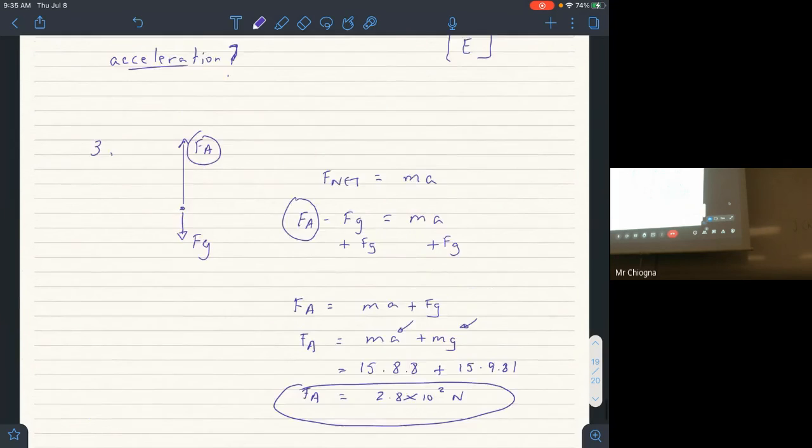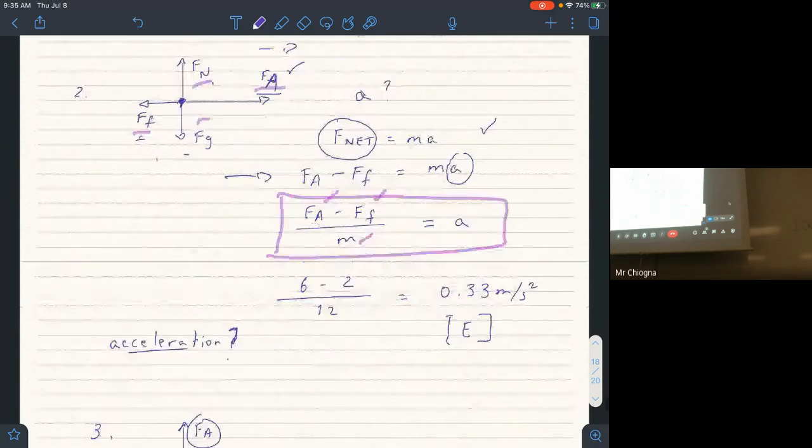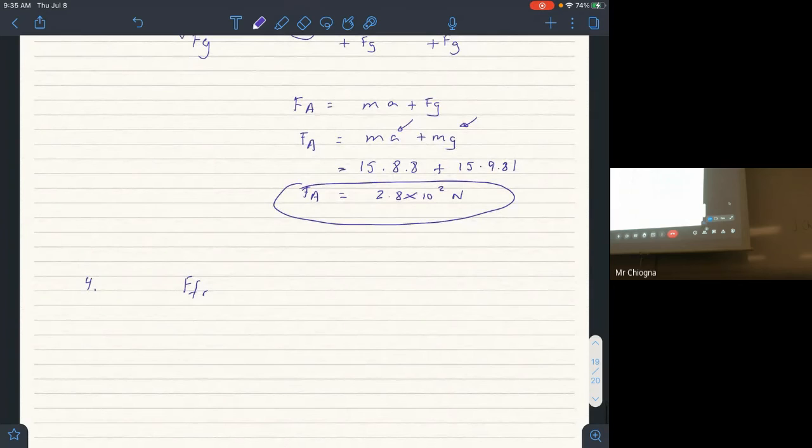I'm not going to redraw it, I'm going to save myself a little time. It's the same diagram as number 2, same equation up to here. I'll just write the equation. Same equation as number 2, same diagram.